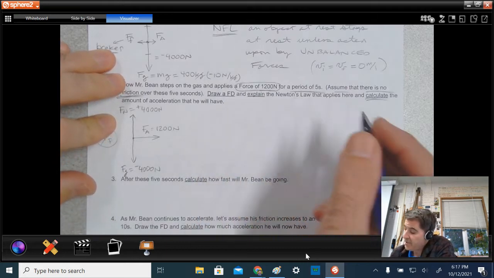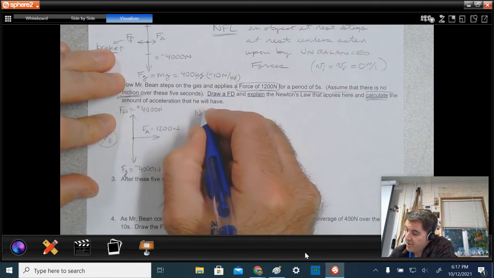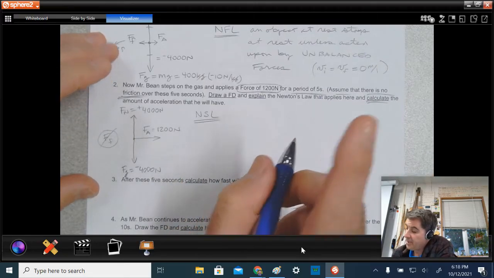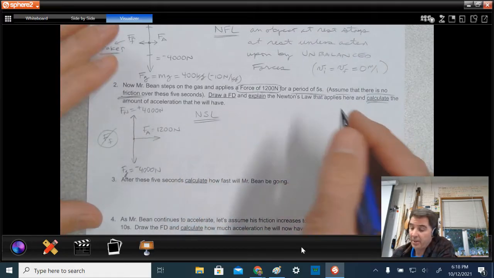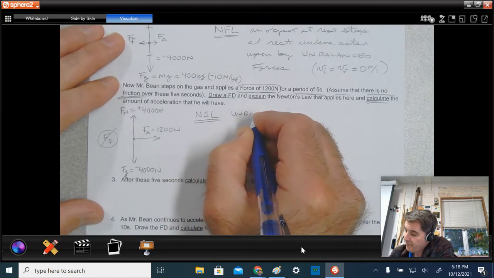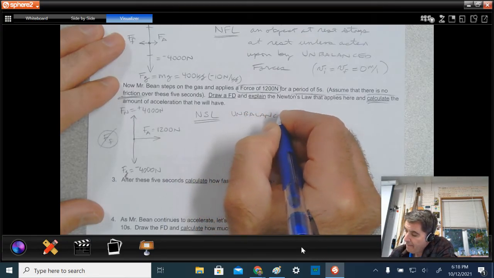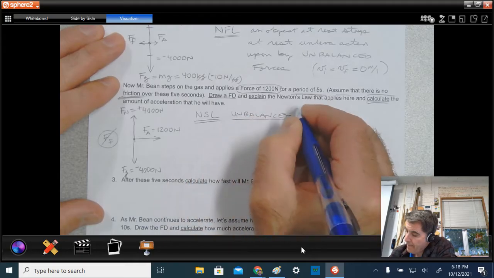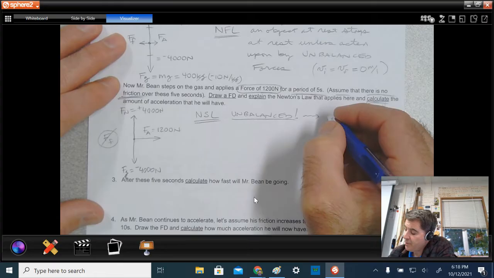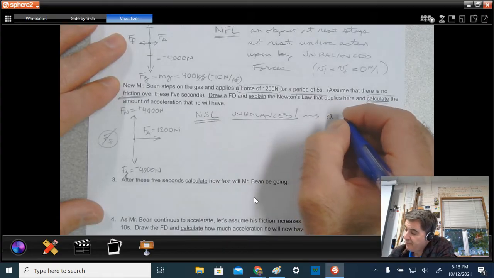And so this is not Newton's first law. This is Newton's second law. Because, is it balanced or unbalanced? It is unbalanced. And if it's unbalanced, there is going to be an acceleration.